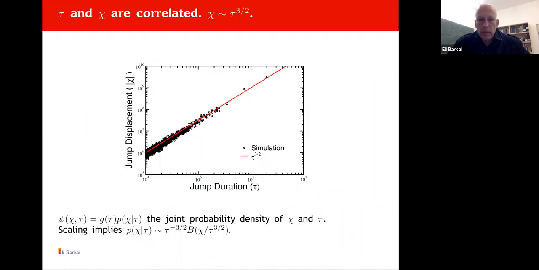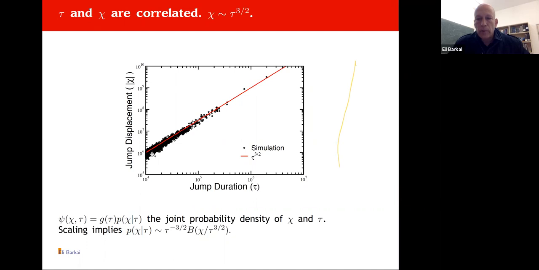And that is the following. So I will denote the joint PDF of ψ and τ, using a well-known result. This is the marginal PDF of τ times the probability density of ψ given τ. Now this one I already showed you how to calculate, but the difficult part is how to calculate the probability of ψ given τ.